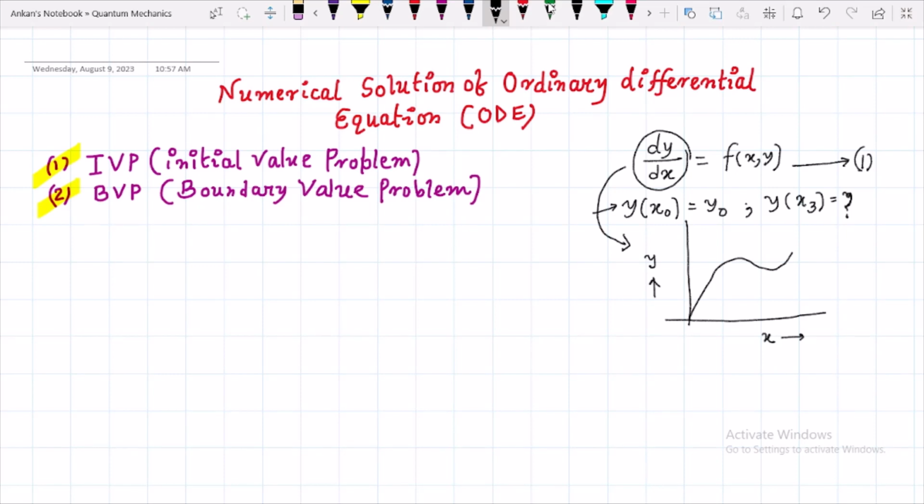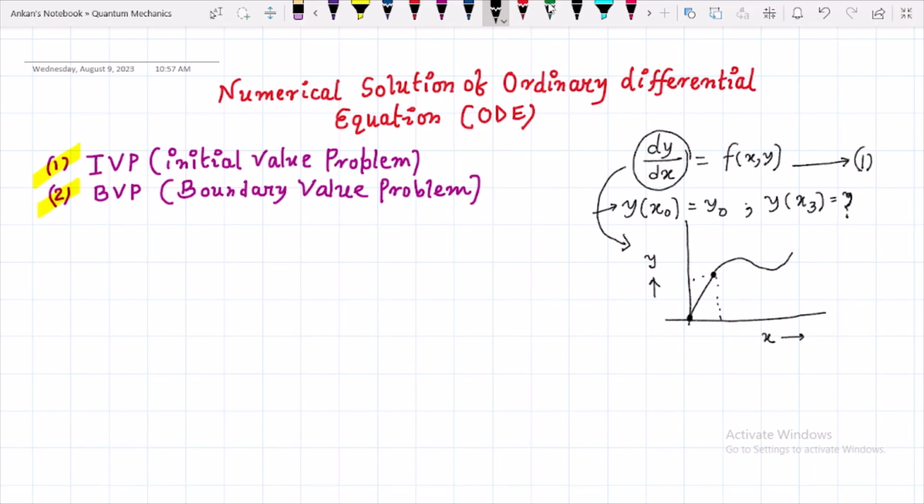Suppose at x equal to 0, the value of y is given to you, and you are asked to find the value of y at this point corresponding to this x point.